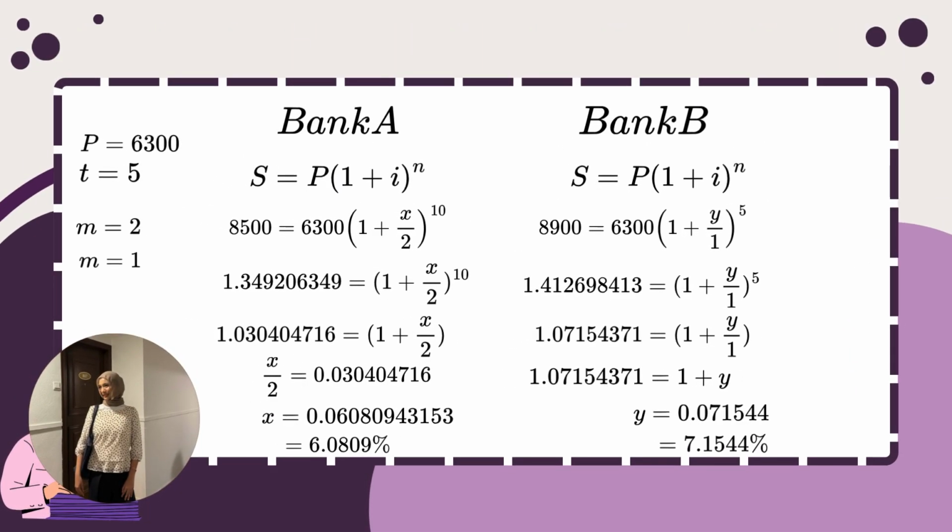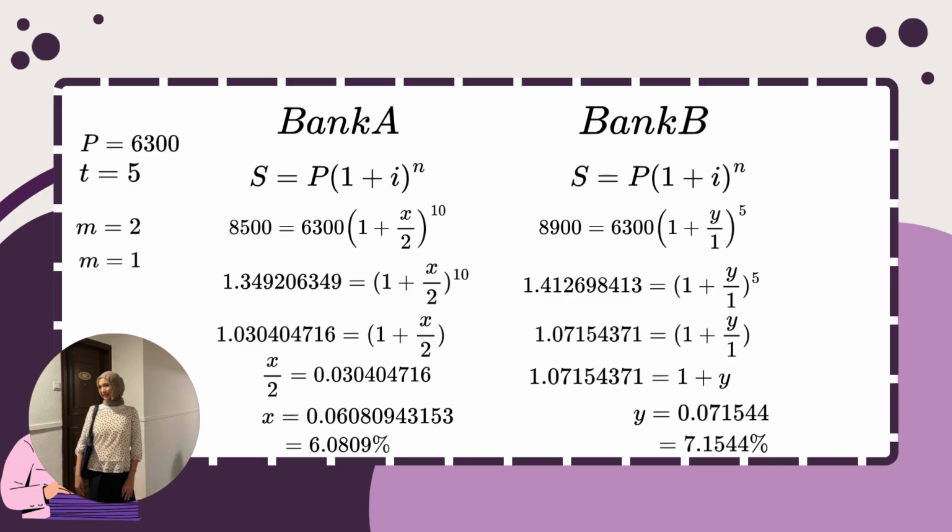For Bank A, we use the compound interest formula S equal to P times 1 plus i to the power of n. We substitute the values: 8500 equal to 6300 times 1 plus x over 2 raised to the power of 10. Dividing both sides, we get 1.3492 equal to 1 plus x over 2 to the power of 10.